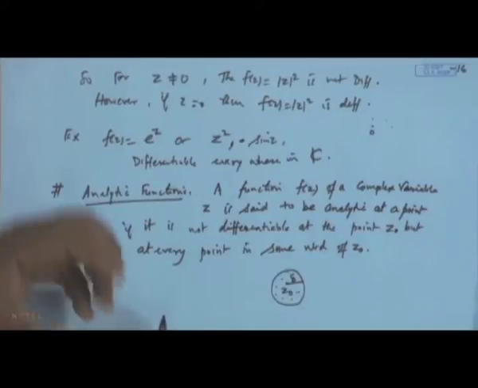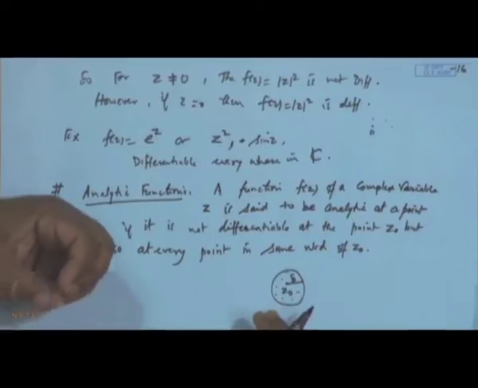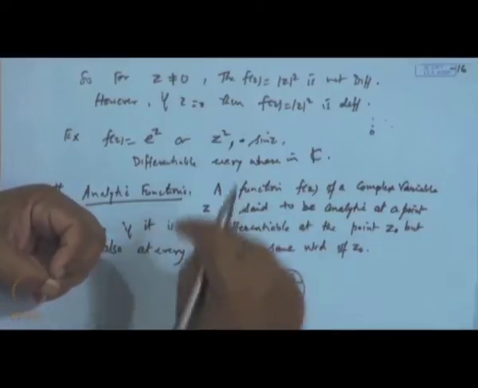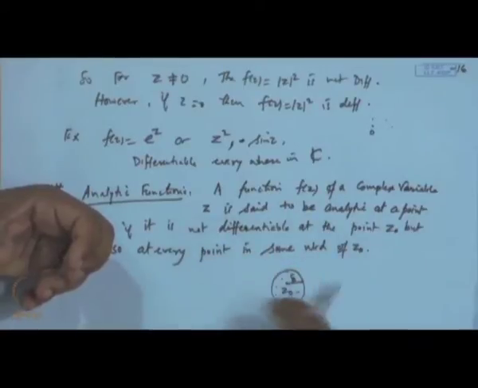So, when the function is analytic, then differentiability of the function at that point is not only necessary. What is necessary is that it should also behave properly, it should be differentiable around the point z naught also.